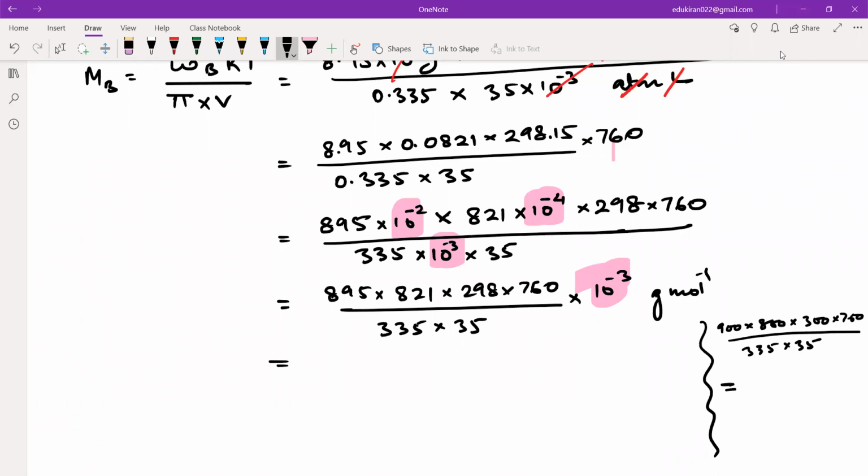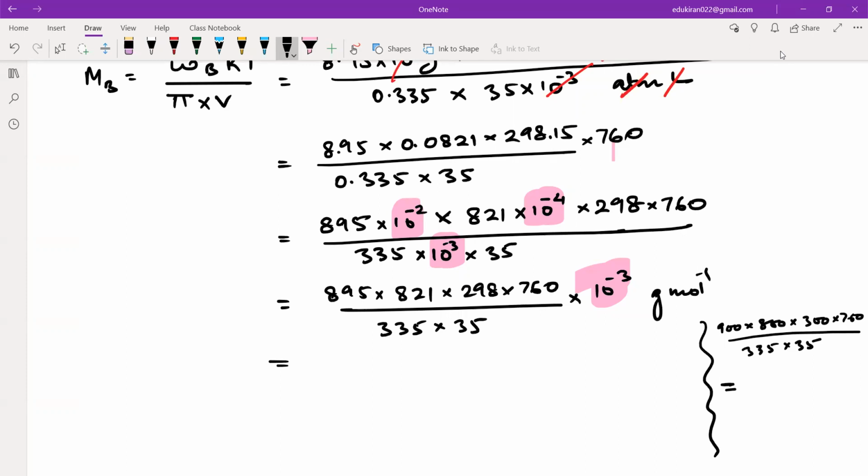You have to divide it also, bhai. Salman, there is 10 to the power minus 3 also then. Fourteen is right.